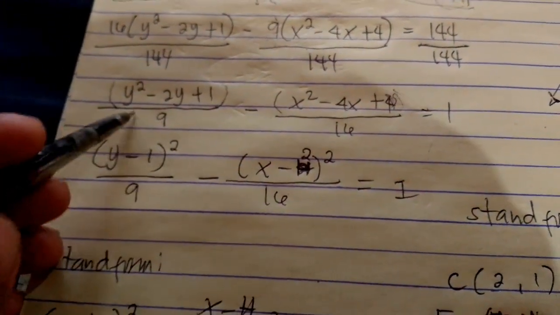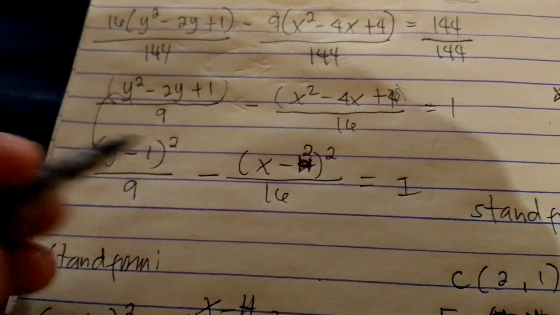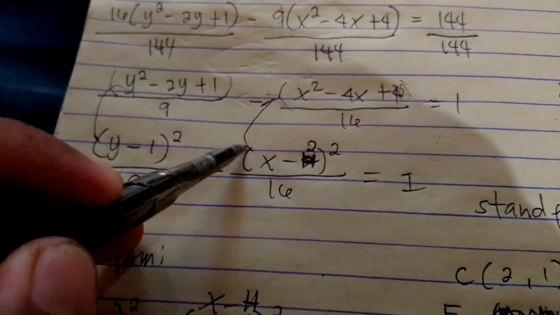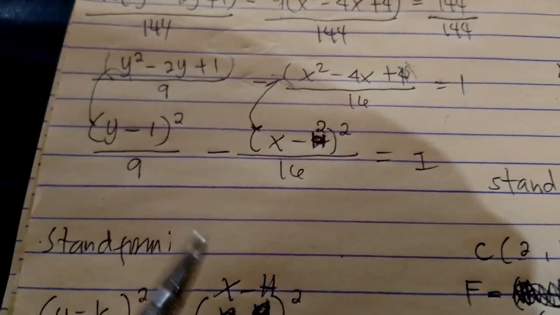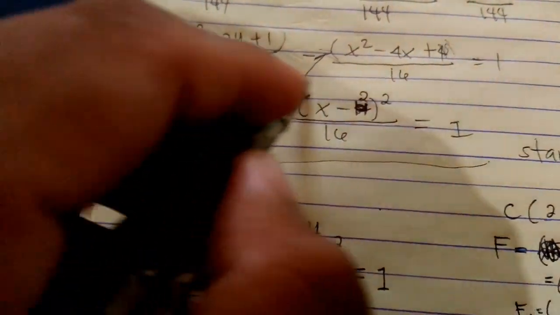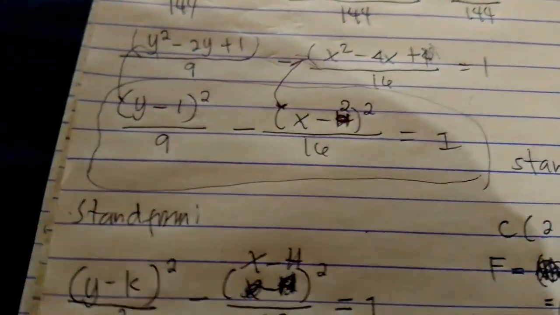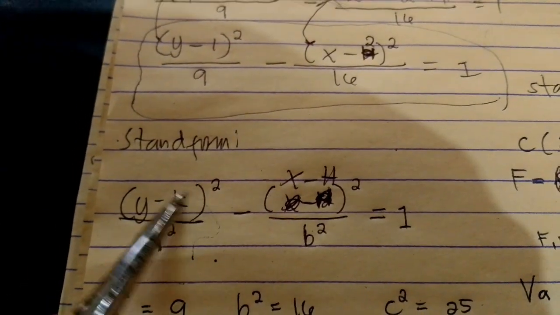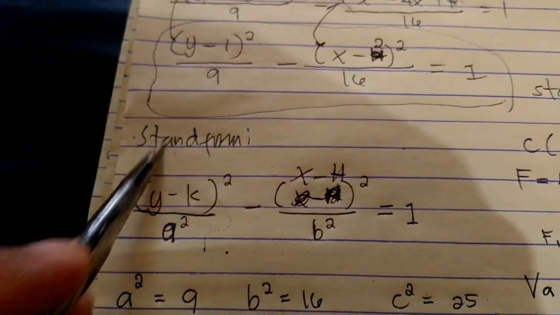The simplified form of this equation is this form, and also the simplified form of this equation is this form. As you can see, we now have our standard form. It looks like this: (y minus 1) squared over 9, minus (x minus 2) squared over 16.